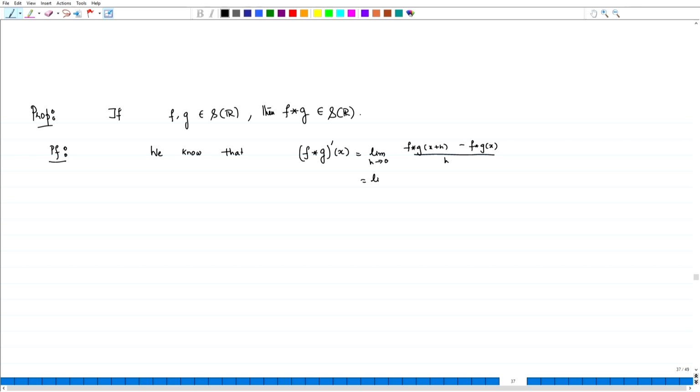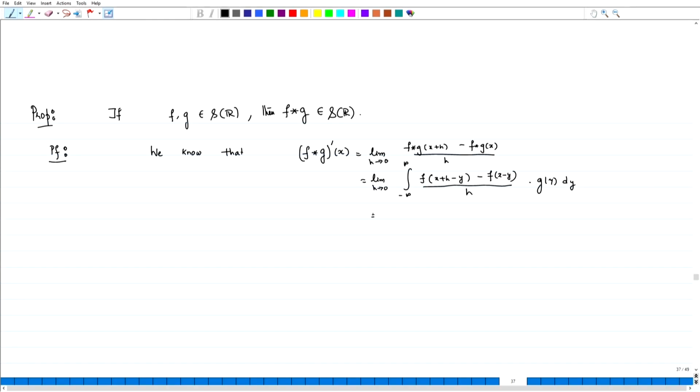So, this is the limit as h goes to 0 of the integral from minus infinity to infinity of [f(x + h - y) minus f(x - y)] divided by h, times g(y) dy, and this is going to be f'(x - y).